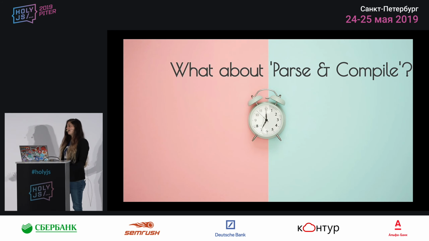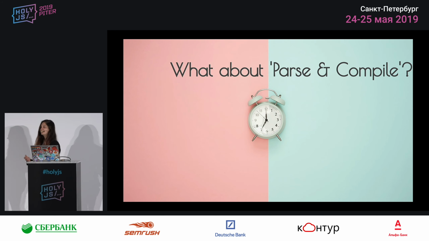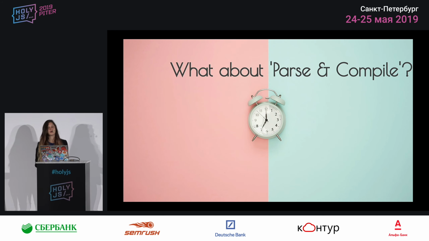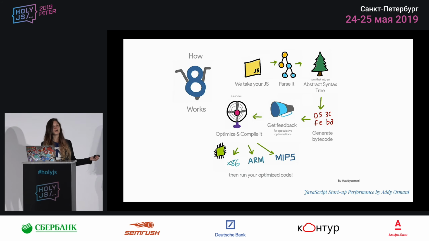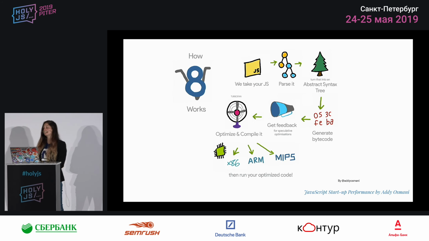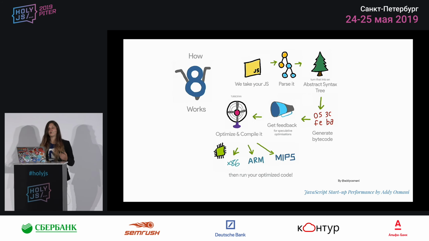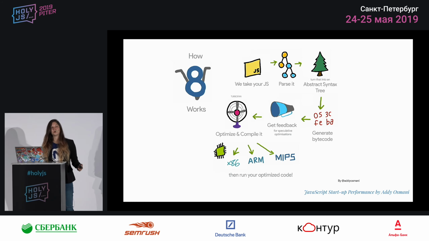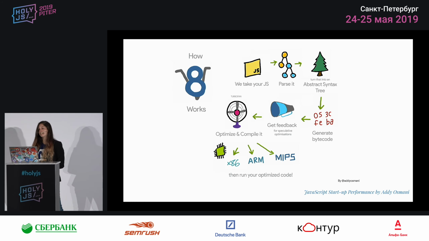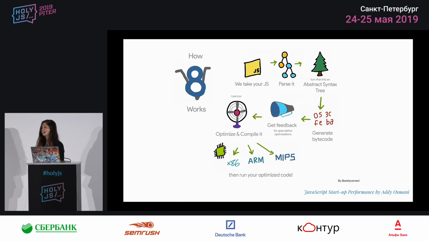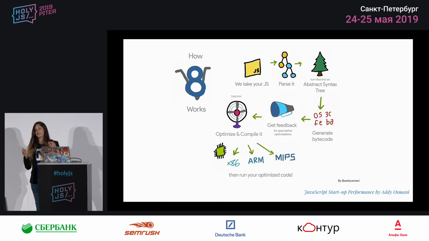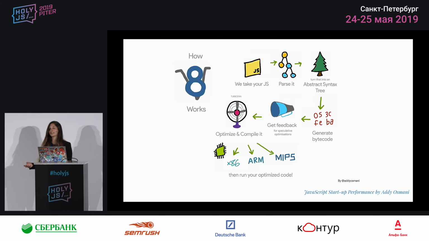What about parsing and compiling JavaScript? How much does it take? What actually happens there? Well, we said that V8 is a very nice modern JavaScript engine, very, very performant and really cool to embed. And actually, there is a certain overhead because when we boot up V8 and we tell it to execute some JavaScript code, we have quite a lot of steps.